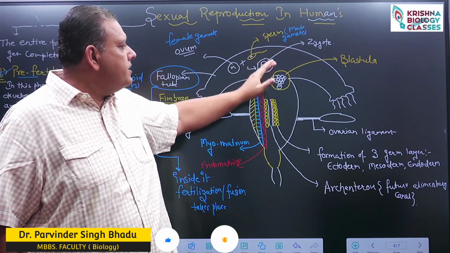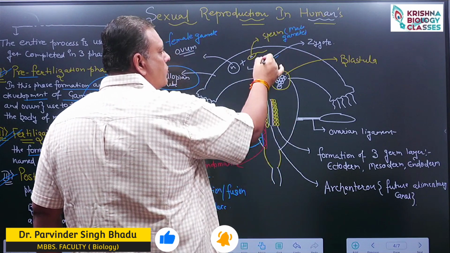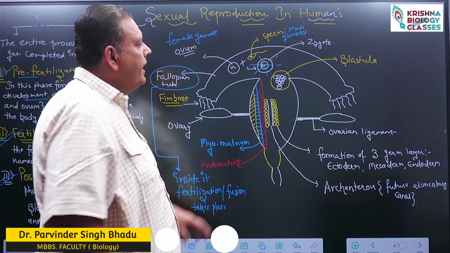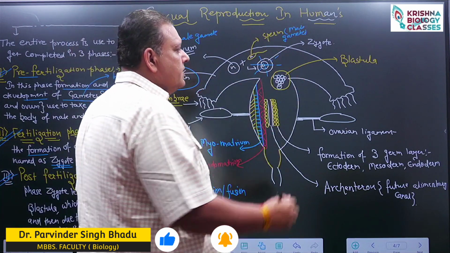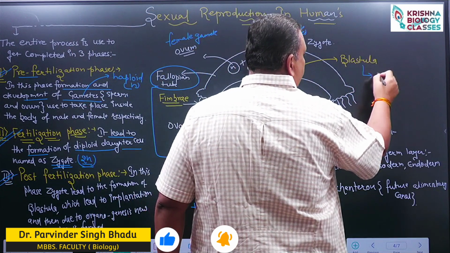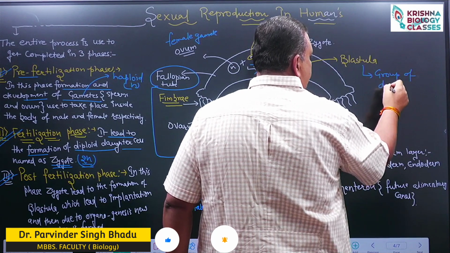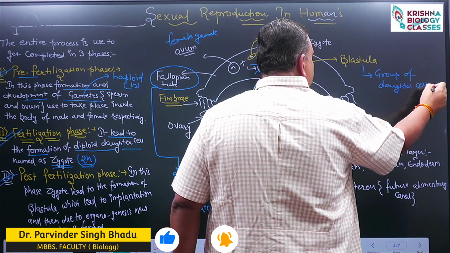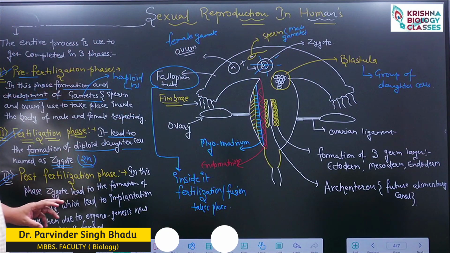Now this zygote starts to divide. It leads to the formation of 2 daughter cells, 4 daughter cells, 8 daughter cells. As a result, a group of daughter cells is formed, which is named as blastula.